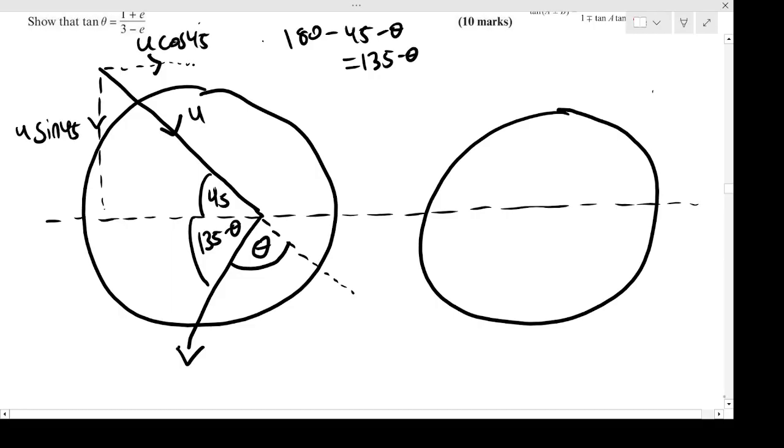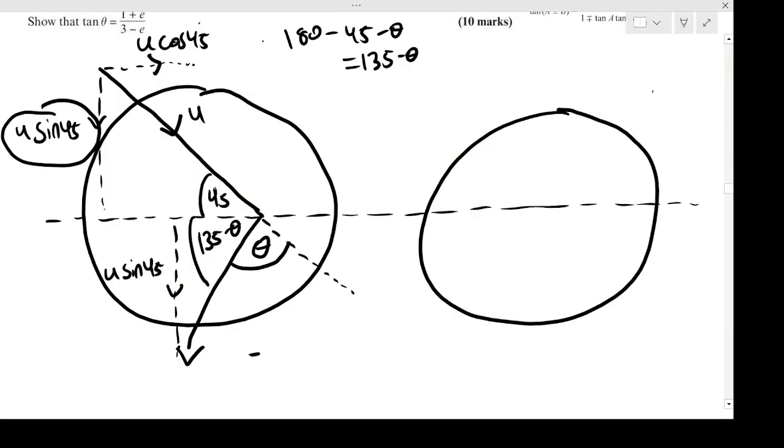Then afterwards, it's going to go down again at the same perpendicular component of u sin 45. And then it's also going to go parallel, horizontally, to the left. I'm just going to call that V, not adding any angles, so as not to overcomplicate it.